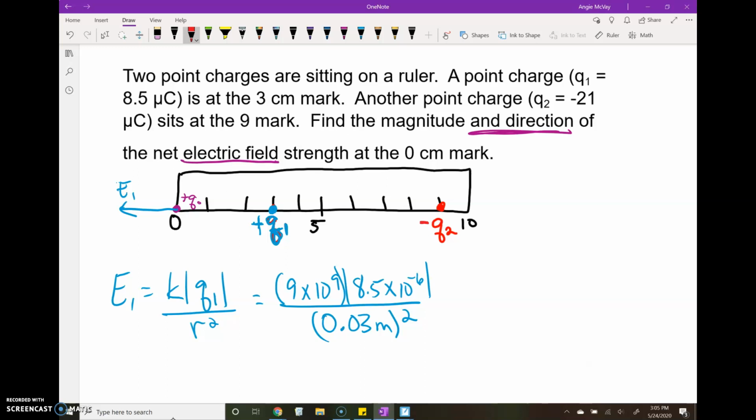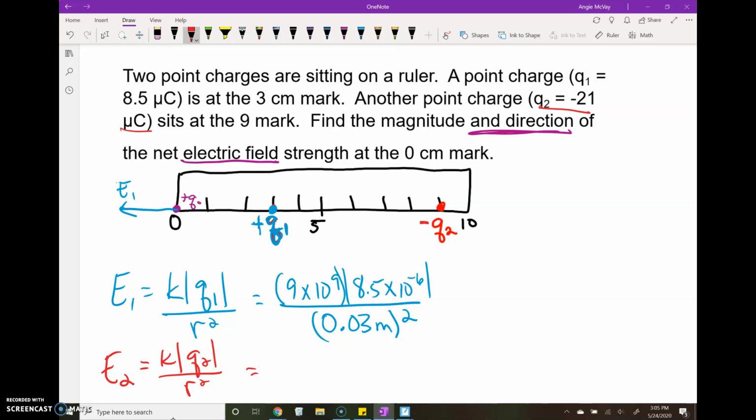It's further away, but it also has a larger charge, and so it will be interesting to see what the value of the electric field 2 is compared to 1 when Q2 is further away but has a higher charge. So K times Q2 over R squared. Okay, now you can do that calculation where the distance is 9 centimeters.